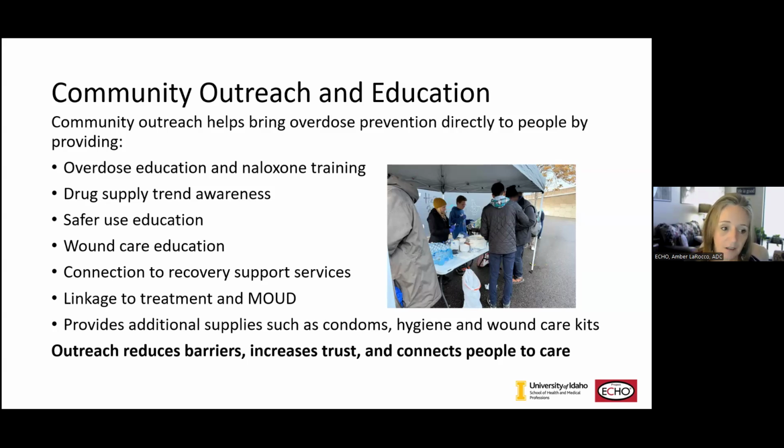With xylazine, there's an increased chance of wounds that we haven't really seen a whole lot here in the valley, luckily, right? But as we start to see xylazine show up more, that risk increases. We don't just get to distribute supplies, we're there to offer connections to the recovery community if they want that.